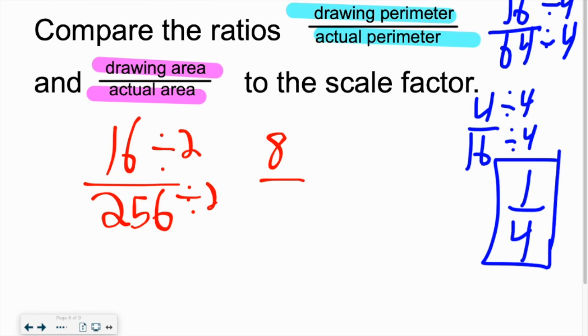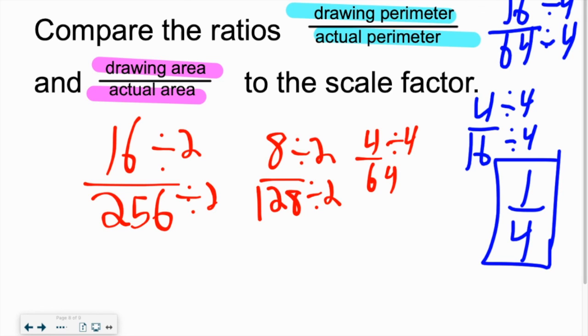So you get 8, and 256 divided by 2 gives us 128. Again, that's both even, so you can divide them by 2. Mr. Wallace, you can take a 4 out. If you see that, great. Do that. If not, just keep dividing by 2. That gives you 4 over 64. Those can both take a 4 out of them. So you divide them both by 4 if you see that now. If not, take a 2 out. And that gets you 1/16.